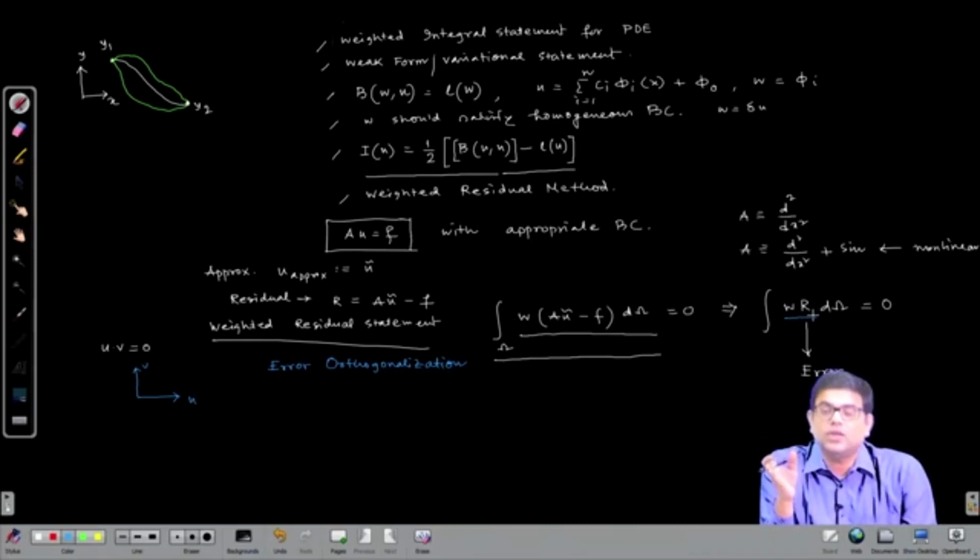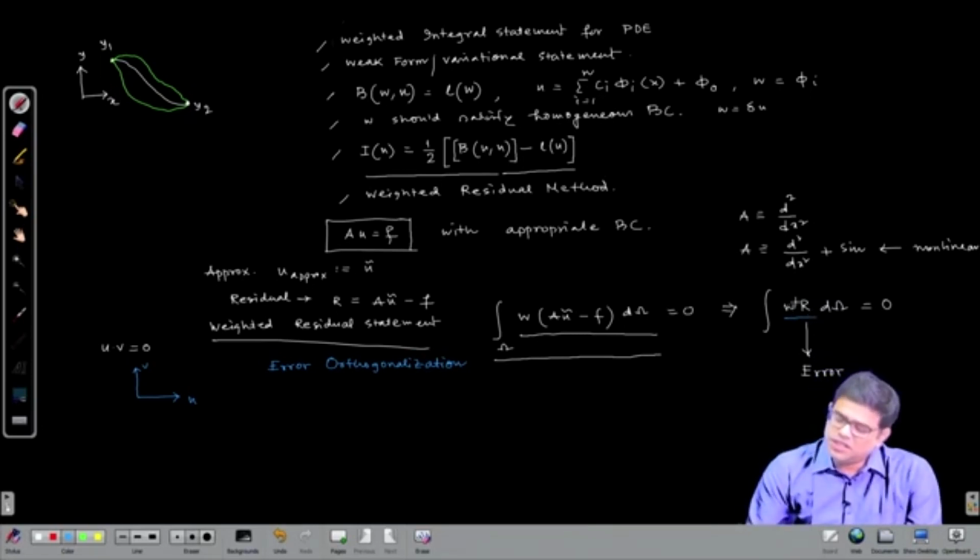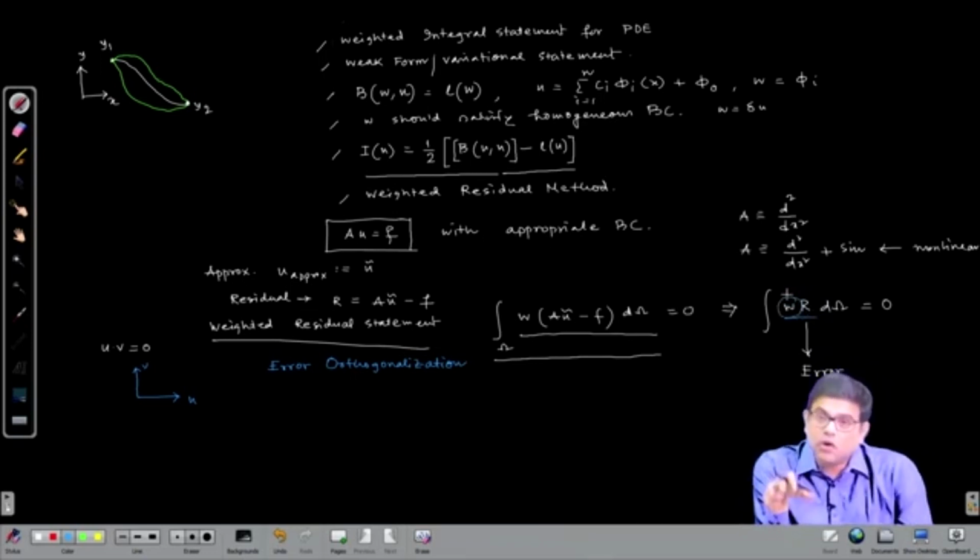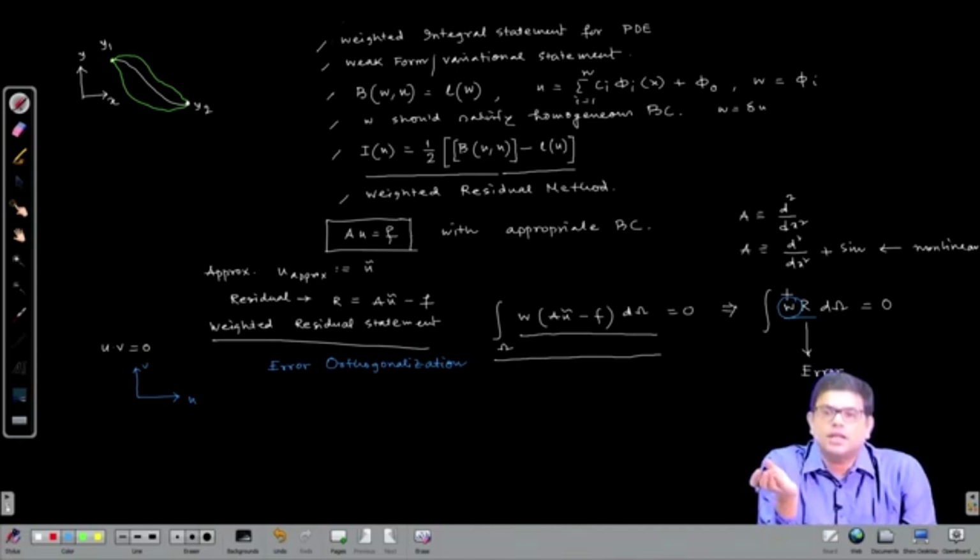That is how we are constructing the solution space. The solution space actually depends on the approximation, and we do it with respect to some basis of the weight function, which is w. Now this allows us to choose w differently than in the Rayleigh-Ritz method. So w is more independent of the approximating function.